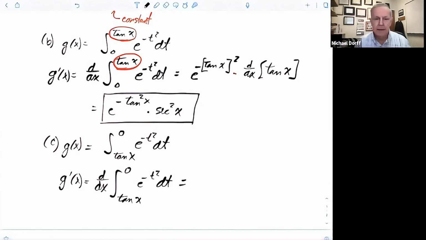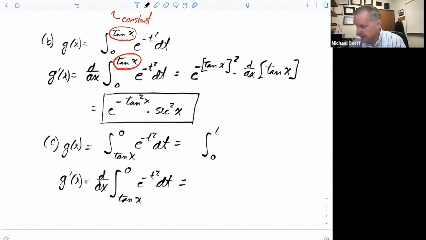And when I do that, the difficulty now is that I don't have the constant as the bottom limit of the integral sign, and I don't have the function with x as the top. So what we need to do is use one of the properties of integrals, and that is I can switch the order of the limits.